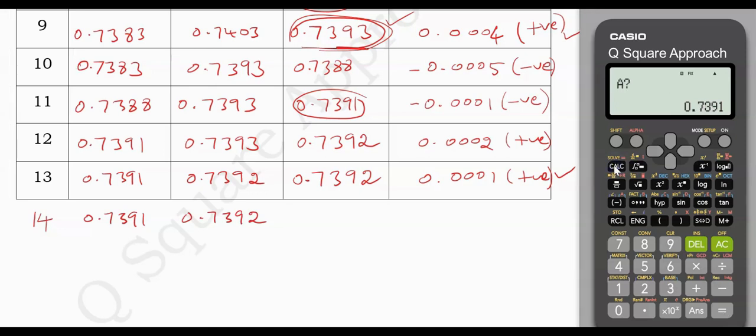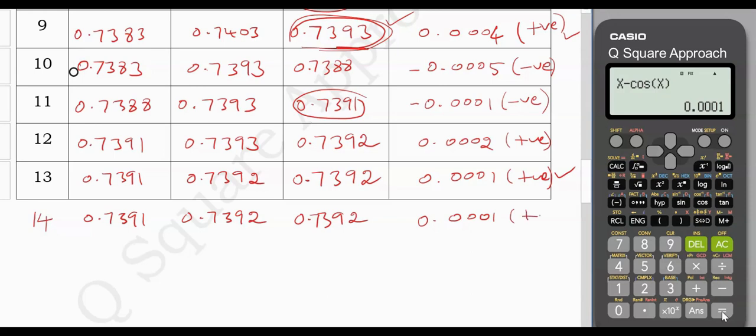From the calculator, the mid value is 0.7392 and the function value is 0.0001. This is also positive. So if you observe the last three approximation values, 0.7392, 0.7392, 0.7392, this is the approximate root for the given equation x minus cos x equal to 0.